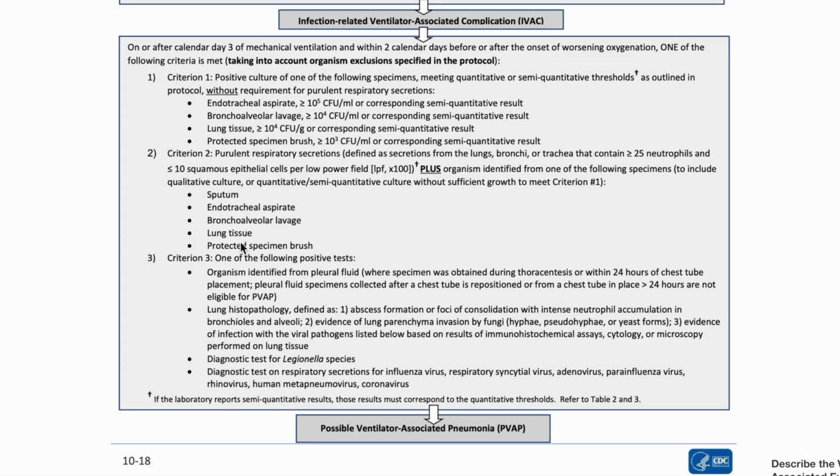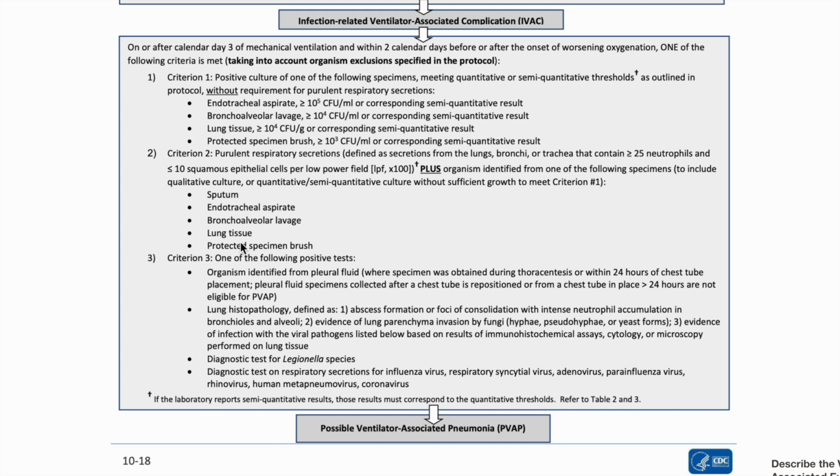On or after calendar day 3 of mechanical ventilation and within 2 calendar days before or after the onset of worsening oxygenation, one of the following criteria is met. Criteria 1, positive culture of one of the following specimens, meeting quantitative or semi-quantitative thresholds as outlined in the protocol, without the requirement of purulent respiratory secretions: endotracheal aspirate, bronchoalveolar lavage, lung tissue or protected specimen brush.